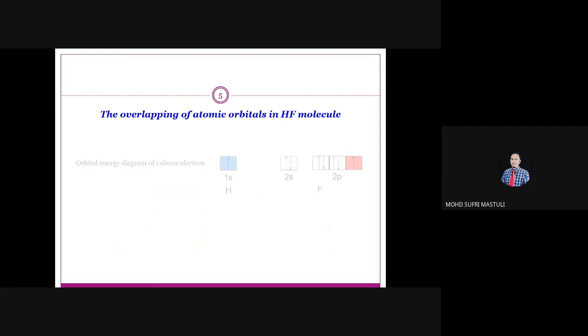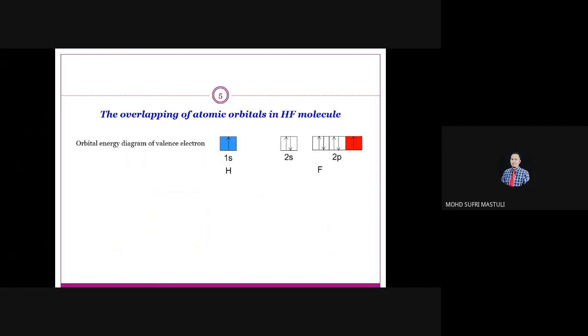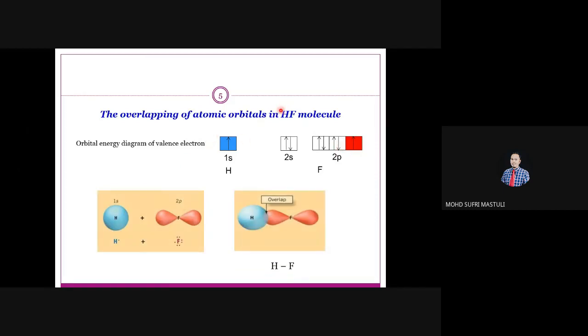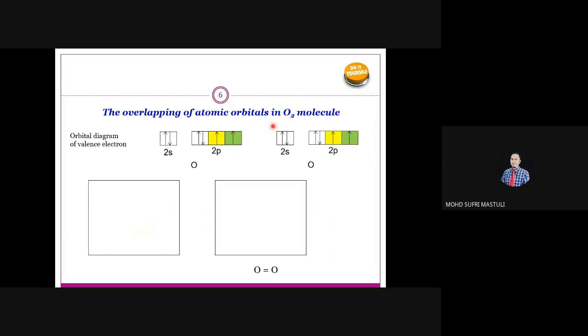Okay, another example, hydrogen fluoride. The valence bond theory is just a way to identify which orbitals are involved in the formation of bonding, like the 1s1 and also 2p1, an s orbital and a p orbital to form HF. For the oxygen, same goes.